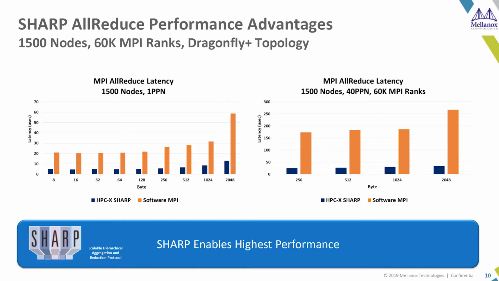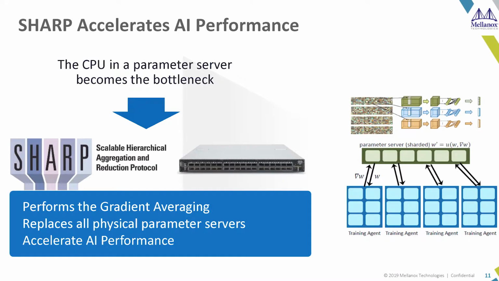This is a 40 processes per node system, and so again we see even better performance improvement on that system. If I remember correctly, the performance improvement here is on the order of a factor of 5 or so. So really a big performance impact on the reduction operations.